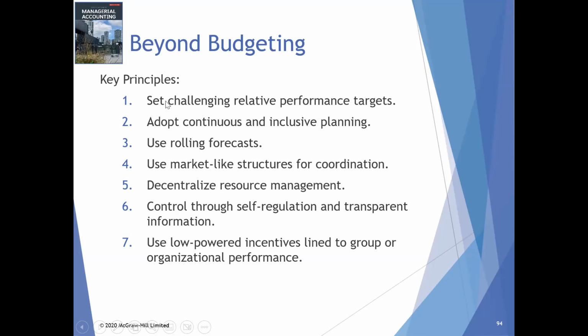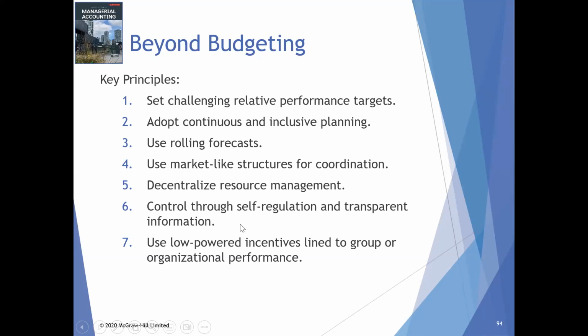Key principles are: set challenging relative performance targets, adopt continuous and inclusive planning, right? So there should be proper planning at the time of making budgets. Use rolling forecasts, use market-like structure for coordination, decentralize resource management, and control through self-regulation and transparent information.